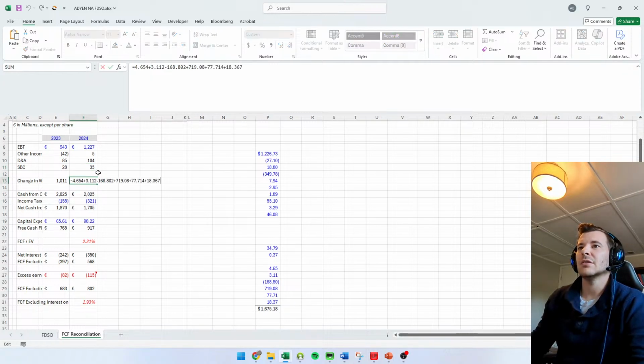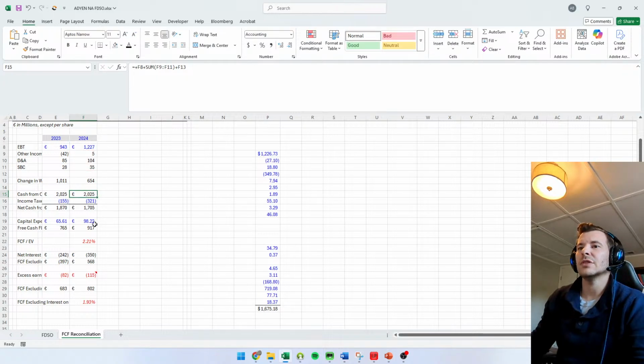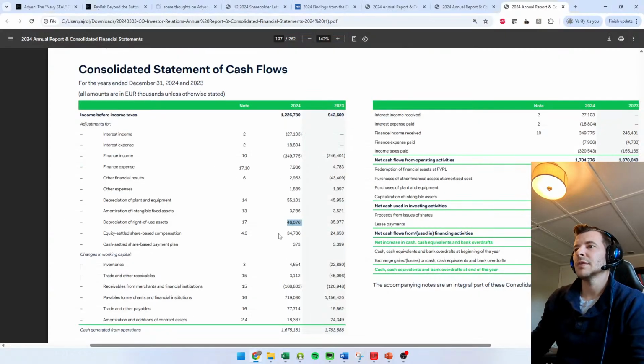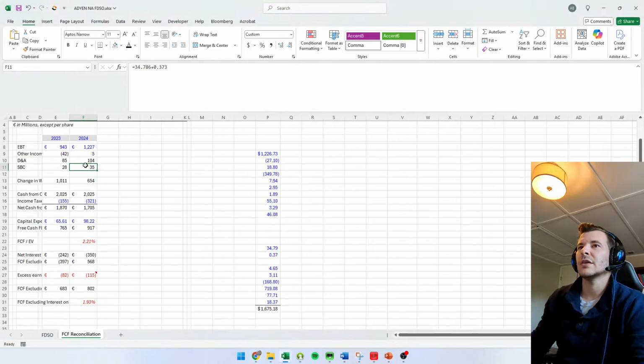And then we have the stock-based compensation as well. So 34.786. And so what they're doing, to be clear, is they're adding this stock-based compensation back.